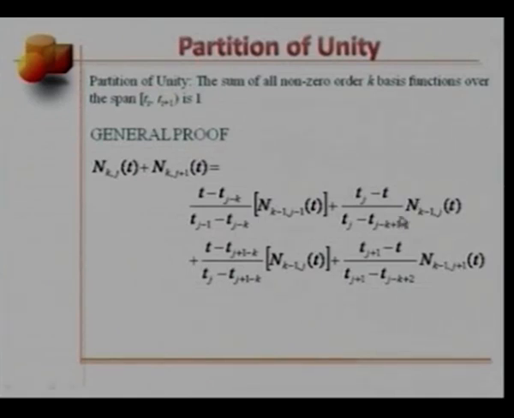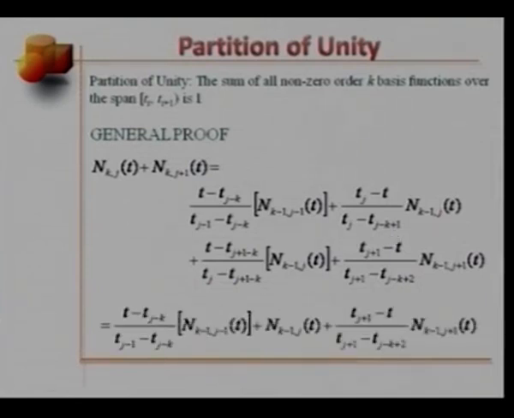The numerator will become t j minus t plus t minus t j plus 1 minus k. If you realize, that is the same as the denominator t j minus t j minus k plus 1, and they would cancel out. What would be left will be N k minus 1 j of t, which is right here.